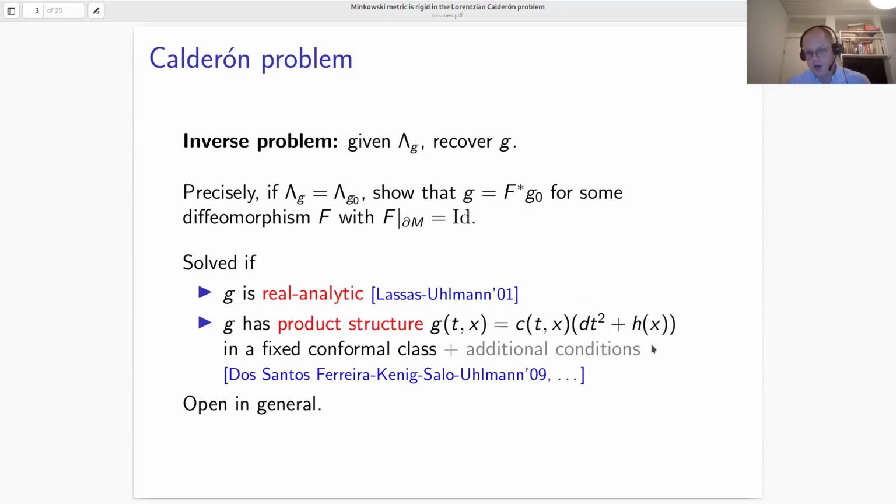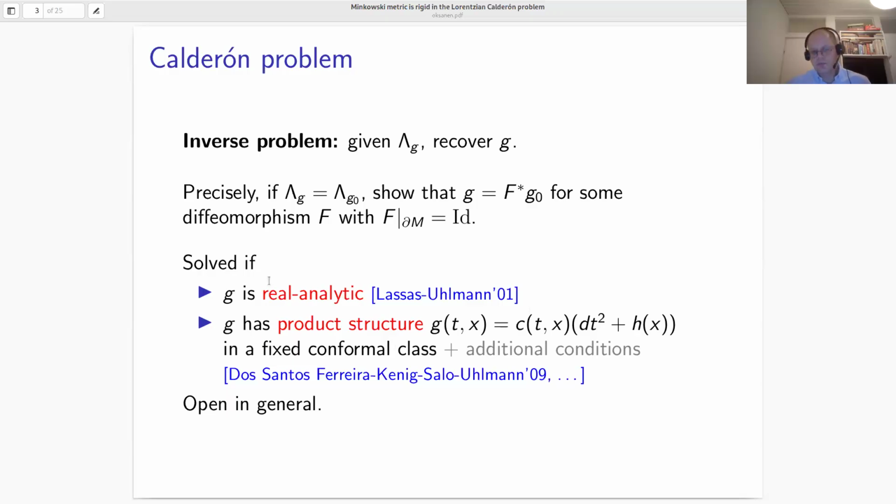Here the anisotropic structure in the parentheses doesn't depend at all on this t coordinate, the direction. So it's real analytic in t. And this result is only recovering the conformal factor c here. So it's in a fixed conformal class.